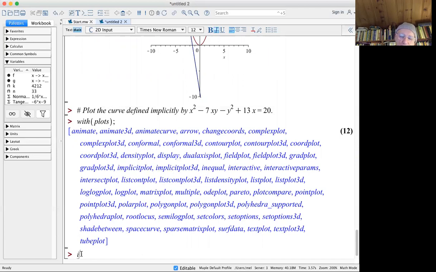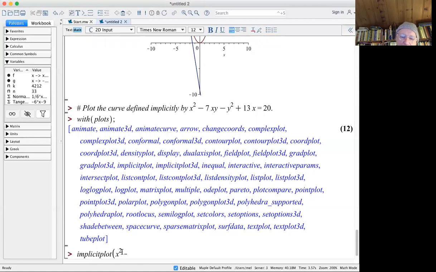So the syntax is you write, first you have to open the plotting package. Then you say implicit plot. And what we want to plot is the curve defined by this equation, x squared minus 7 times x times y minus 7 times y squared plus 13 times x equal 20.